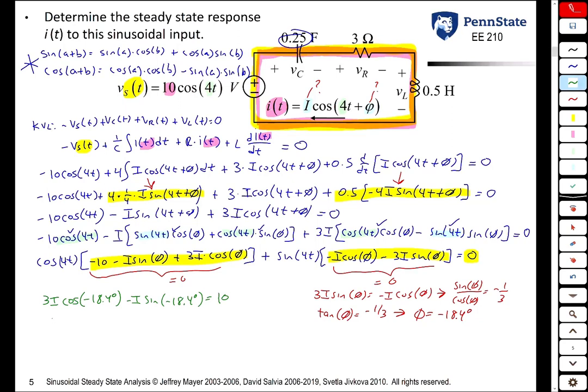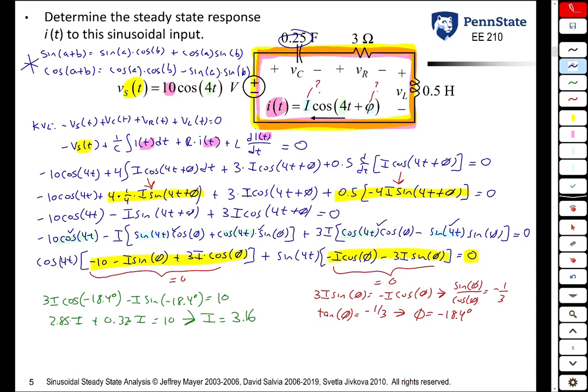This becomes 2.85 times I plus 0.32 times I is equal to 10. Solving for I, you get I is equal to 3.16.